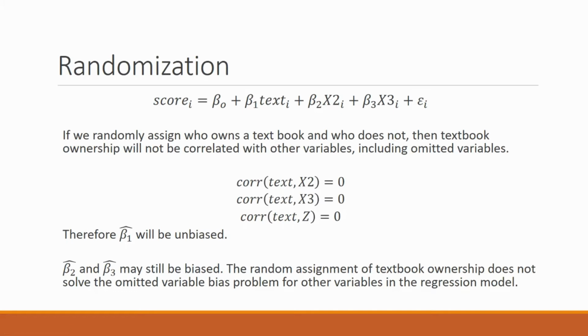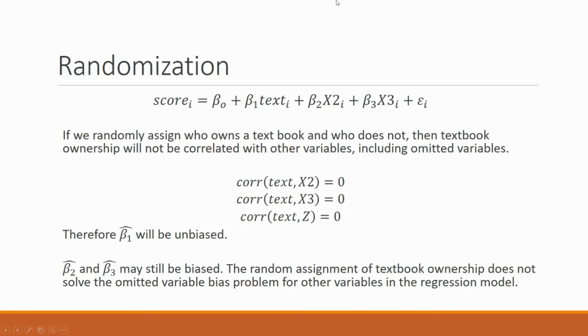This does not, however, affect my estimates for beta 2 or beta 3. So beta 2 and beta 3 still might have omitted variable bias. The randomization only helps for the variable that has been randomized.